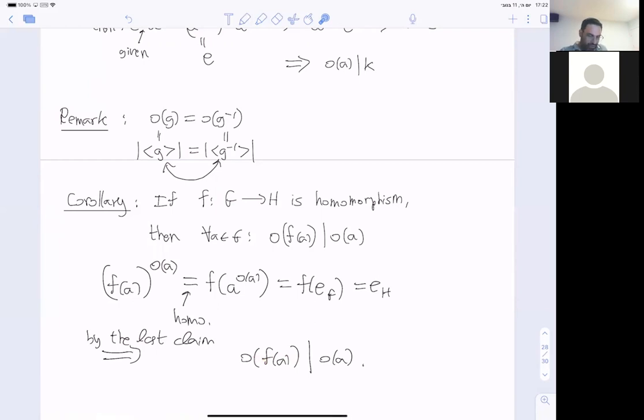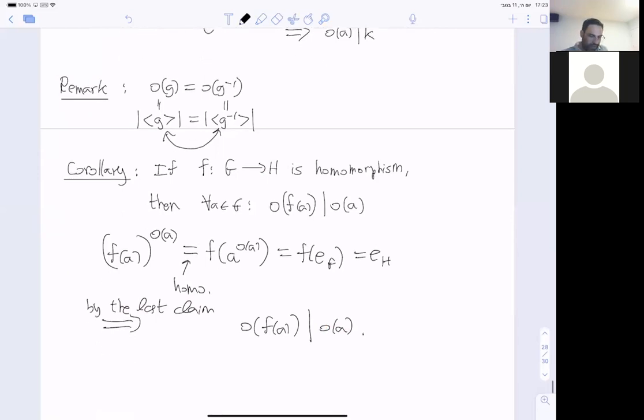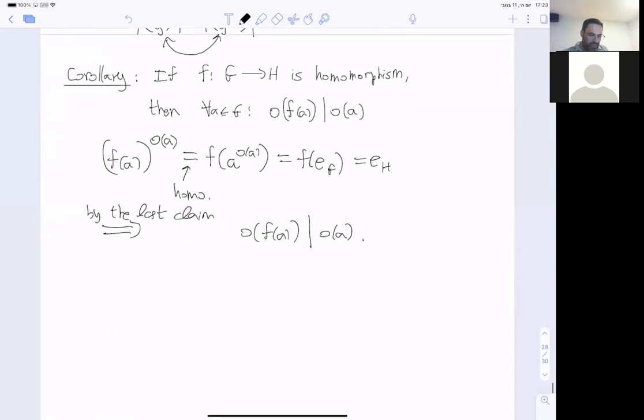You can lose everything by sending everything to E. But if you have an order of the image, it must divide the original order of A. We're going to see an example later.